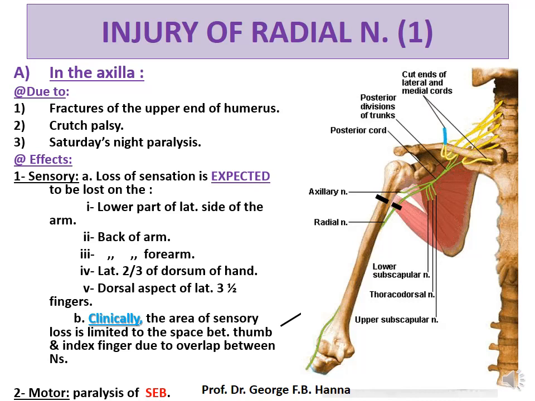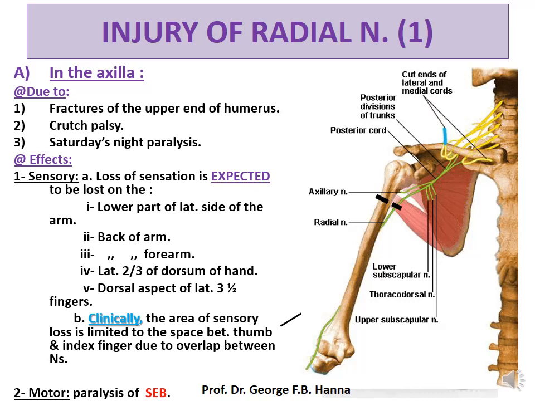Number A, in the axilla. If you go to the diagram here on the right side of the screen, you will see it is affected, of course, by the fracture of the upper end or even the shaft. But mid shaft of the humerus, if you have a fracture here, you will injure the radial nerve, not in the axilla. In the arm maybe, but not in the axilla. So fracture in the upper end of the humerus will affect the radial nerve.